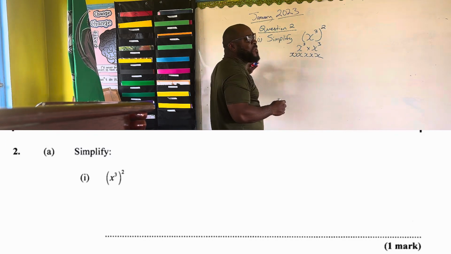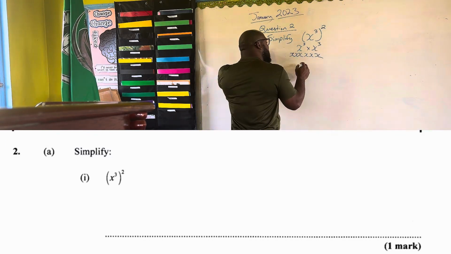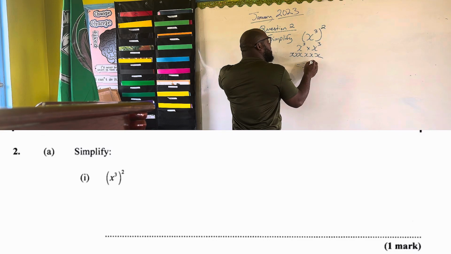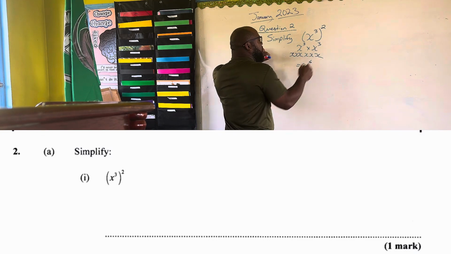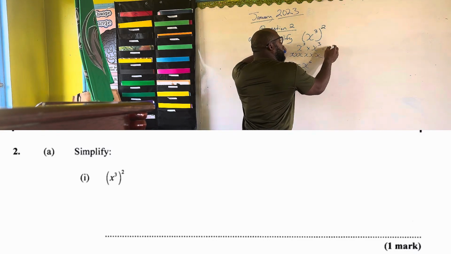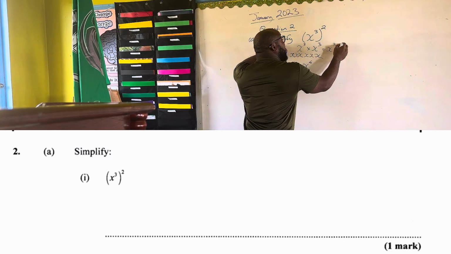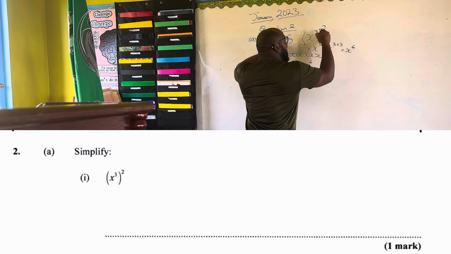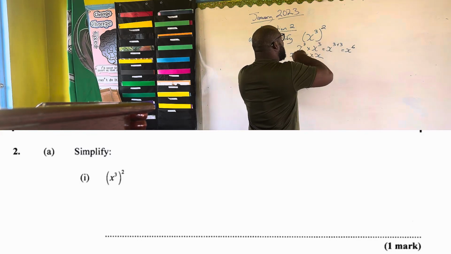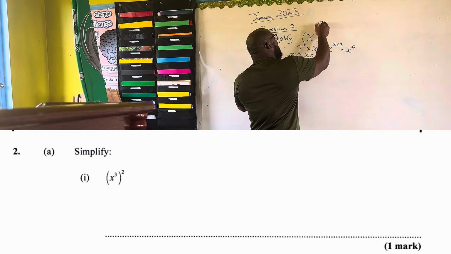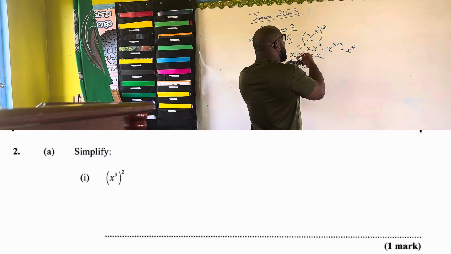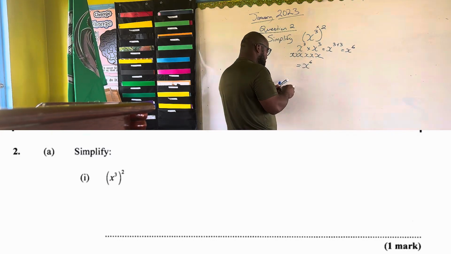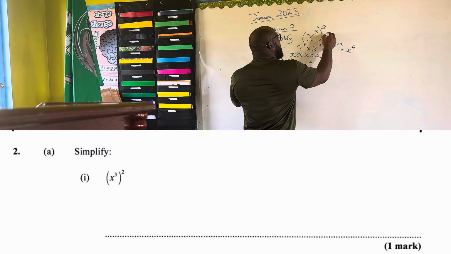How many x's do we multiply here? x to the 6. A shortcut would have been 3 plus 3, which is 6. Another shortcut would have been 3 times 3. Very good. Whenever you see a power within a power, you multiply the powers.